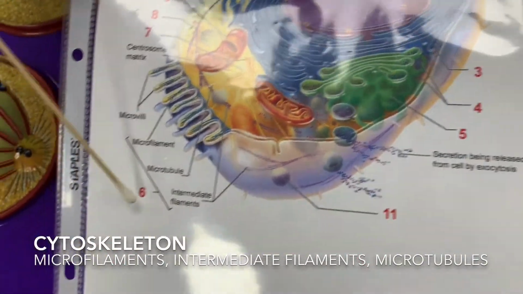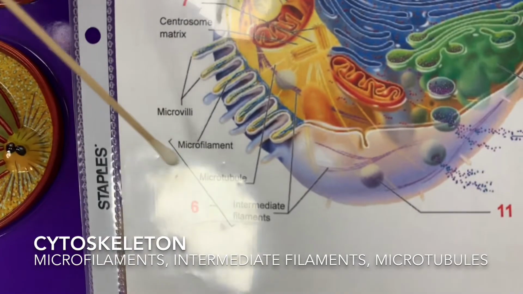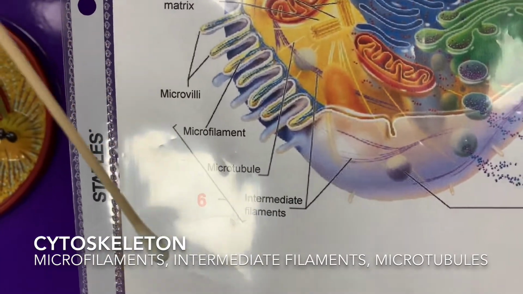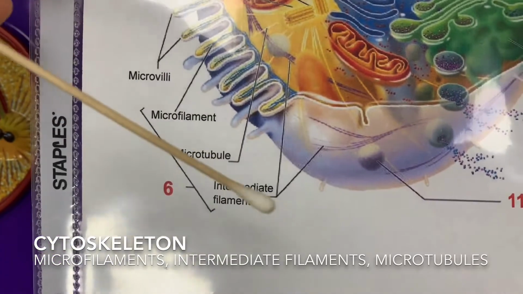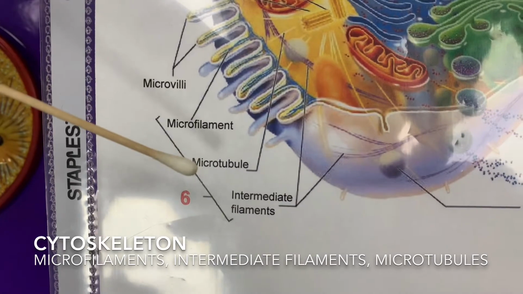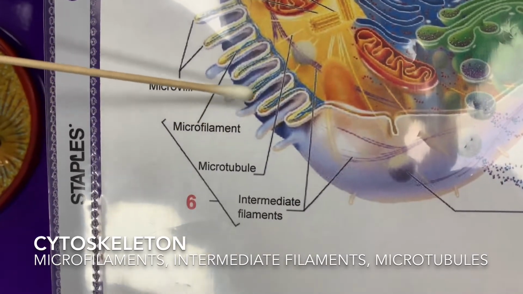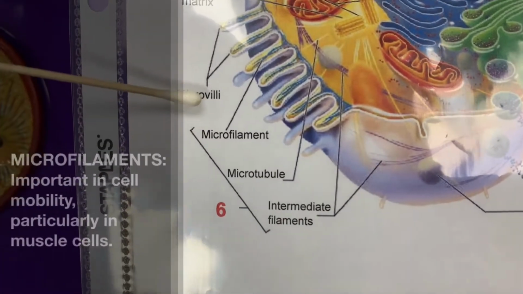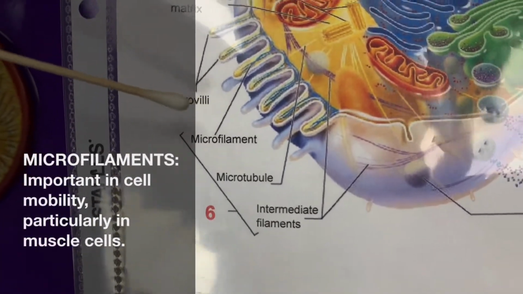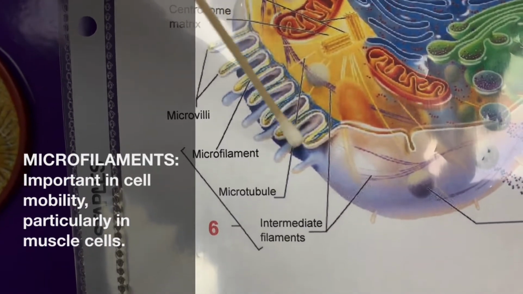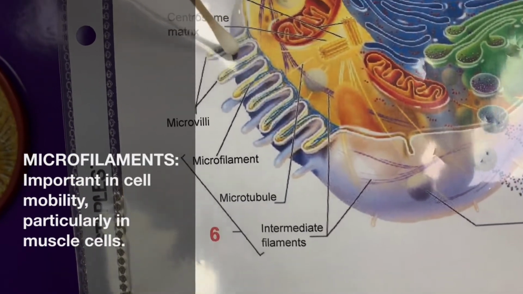And then you have your cytoskeletal elements, right here, like number 6. There are three: microfilaments, microtubules, and intermediate filaments. They're all part of your cytoskeletal elements, and they all have different functions. For example, your microfilaments are important for moving your cells. You see here little hairs that move your cells.